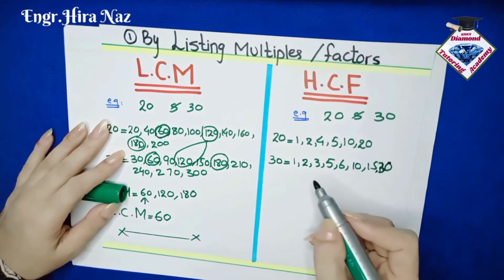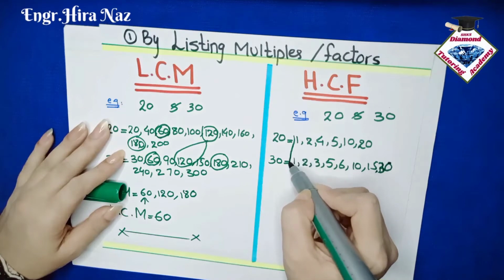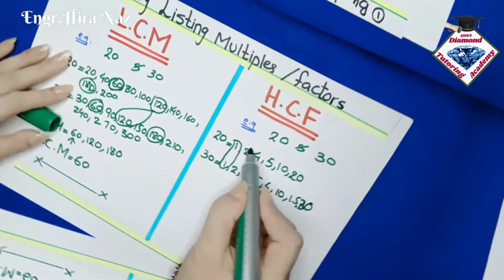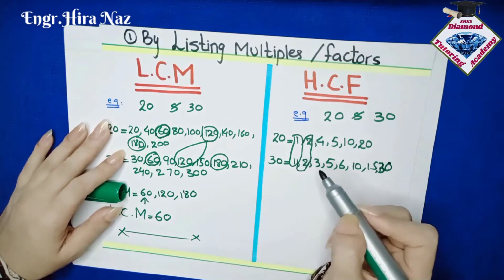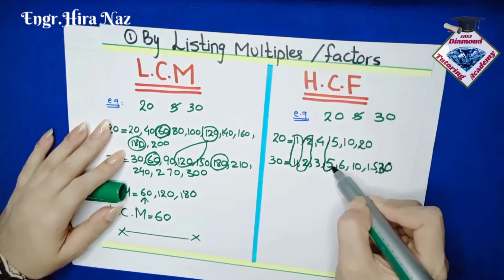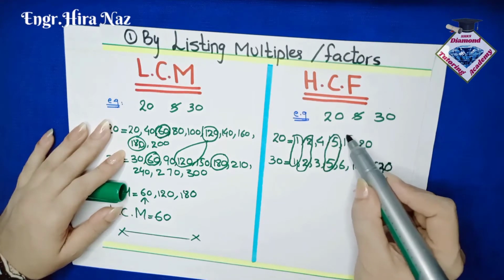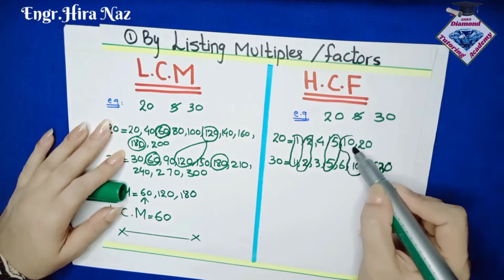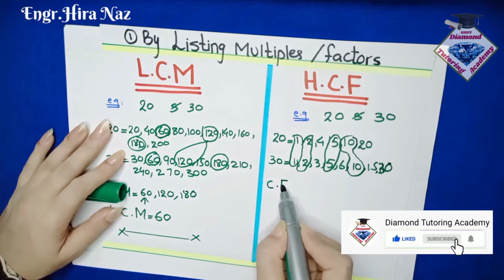Now we have to find the common factors. 1 is common in both, 2 is common in both 20 and 30, 5 is common in both 20 and 30, and 10 is common in both 20 and 30. Now we write the common factors.